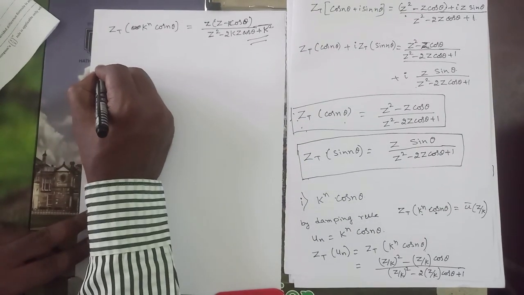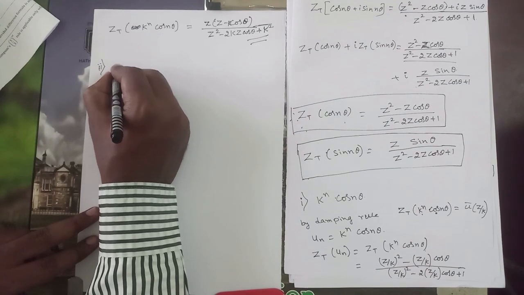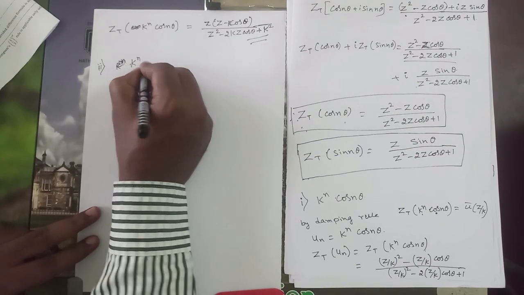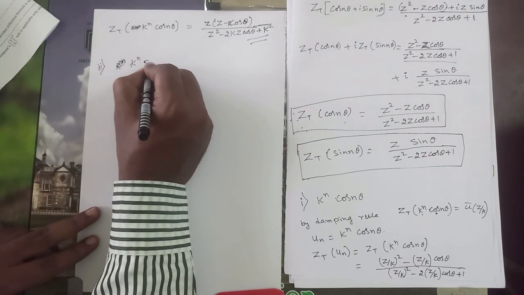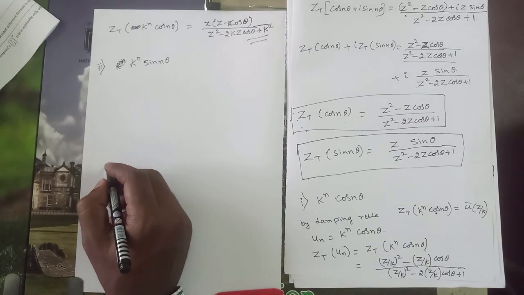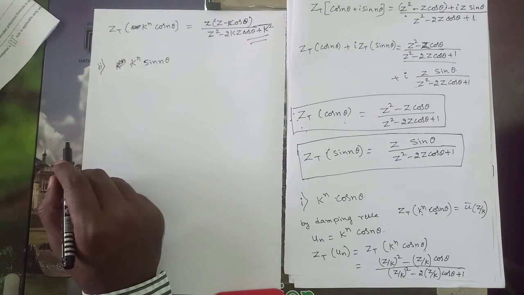Now second one, so what do you get? The Z transform of k to the power of n into sin n theta. Here also you have to apply the damping rule property.